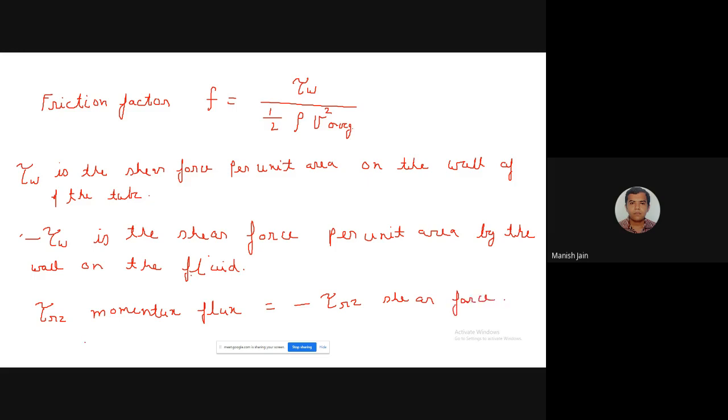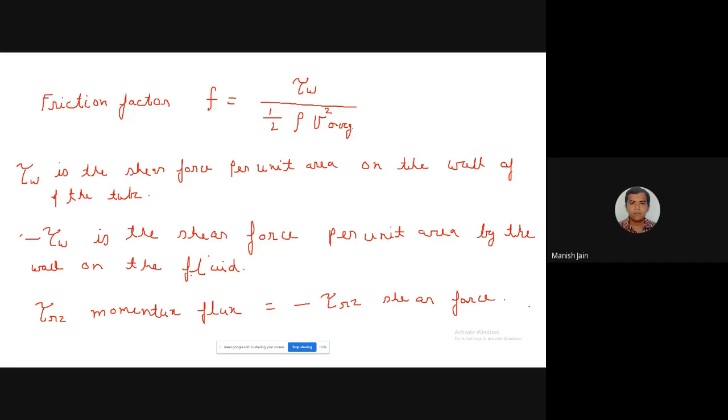Okay, when you define tau Rz as a momentum flux, then minus tau Rz is a shear force, because the direction of the momentum flux and shear force are opposite. So when you write tau Rz as a momentum flux and when you write it as a shear force, the sign will change.